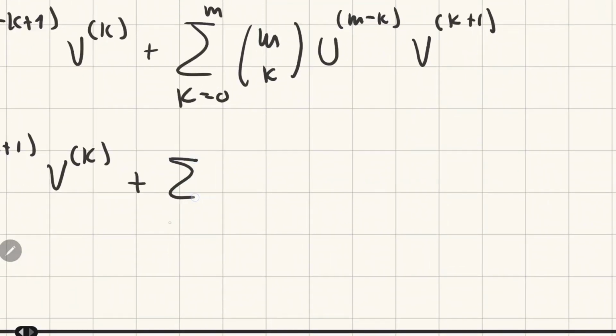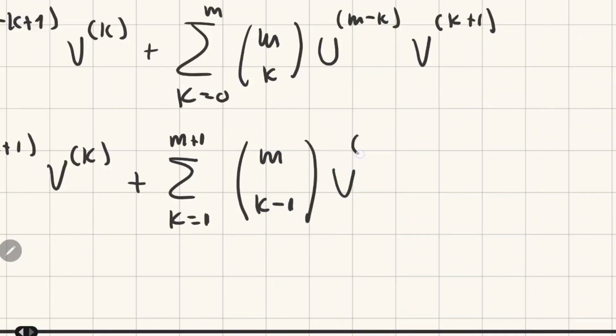I mean that if we sum plus 1 over here, we need to subtract that 1 wherever we have the k in the sum, right? So this will be the sum from k equals 1 up to m plus 1 of m choose k minus 1, right? u to the m minus k minus 1, v to the k plus 1 minus 1, right?